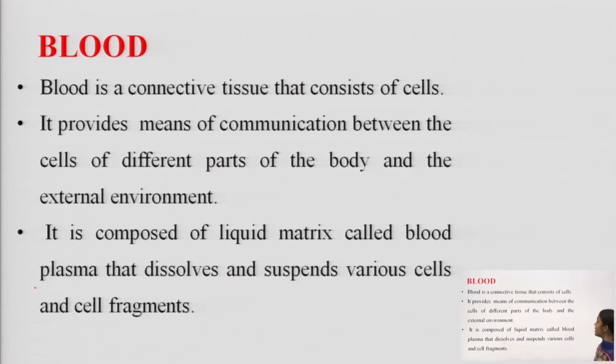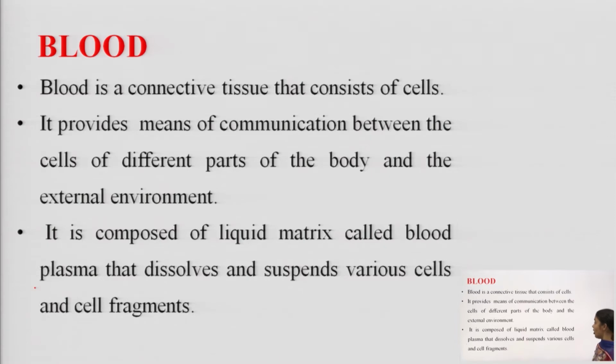It provides means of communication between the cells of different parts of the body and the external environment. Only blood is the means of communication in your body. That means you can communicate between different parts of your body through the blood.